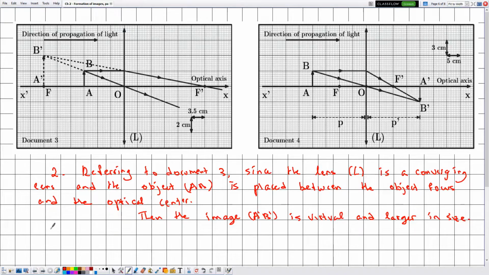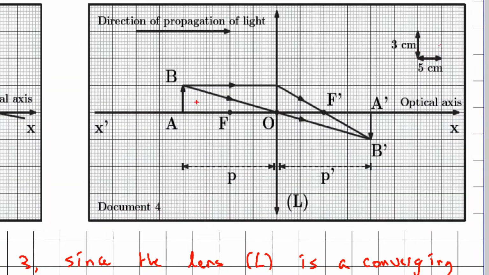And finally, the last property concerning a converging lens. So notice that here in document 4, the object AB is now being placed at a distance P. So this is the focal length, and we know that because F and F prime are symmetric with respect to O, so also F will be separated by a distance equal to f.